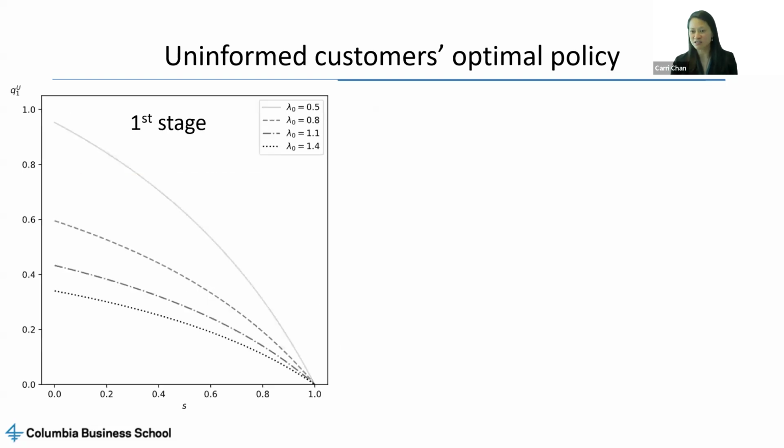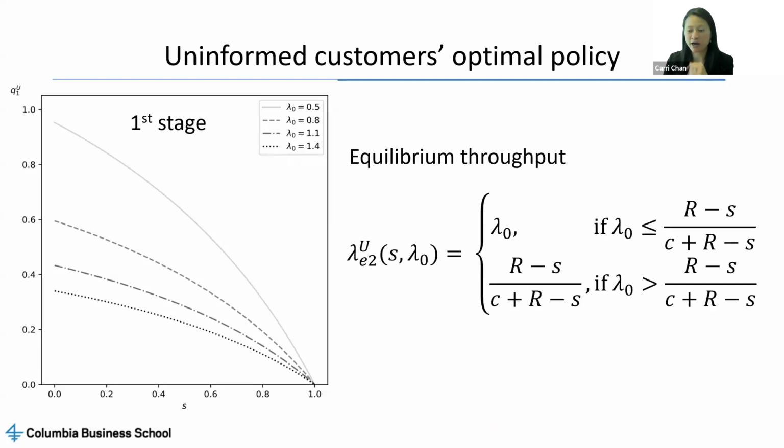The more sunk cost you incur, people don't want to have to wait in the second stage, but they also don't want to have to pay that sunk cost to join and wait in the first place. And so you can see in the first stage, on the x-axis is the sunk cost. On the y-axis is the proportion that are going to join. As you increase the sunk cost, fewer and fewer people are going to join the system. And so here, we're actually able to characterize the equilibrium throughput for the uninformed customer. All right.